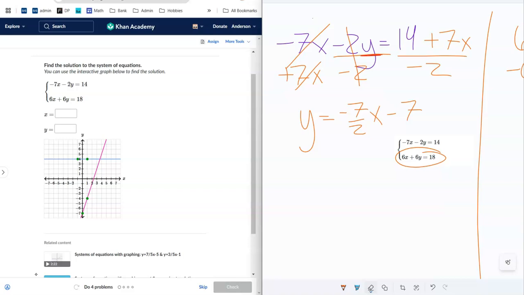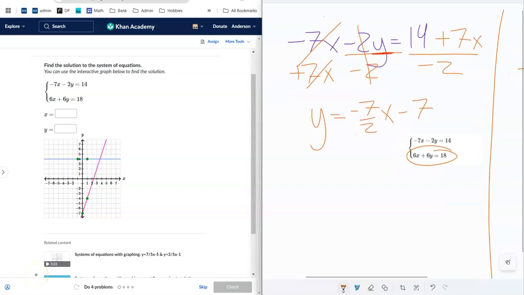So remember, we're going to rise over run.